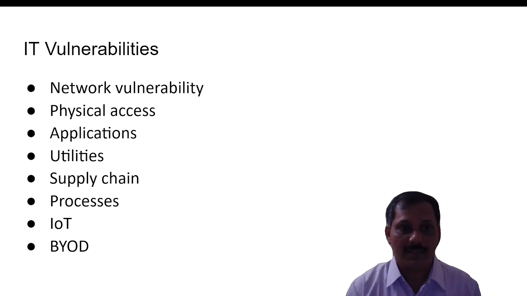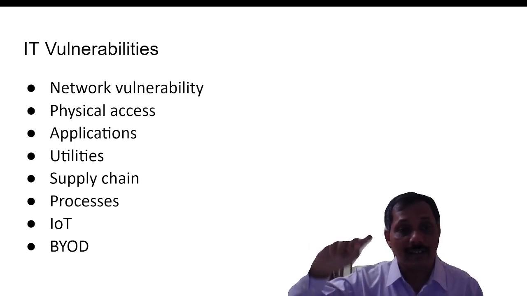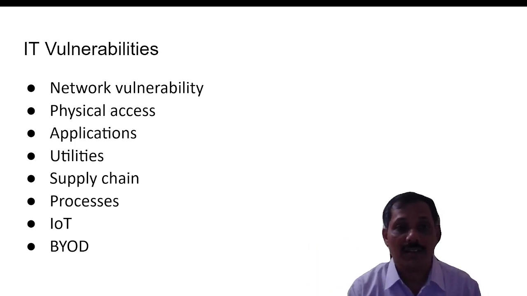It may be a hard disk, or it may be a processor or some component of the processor. It may be capacitors, it may be resistors. What is the guarantee that the component manufacturers are taking care of everything and there is no vulnerability in the components? How will you know that?